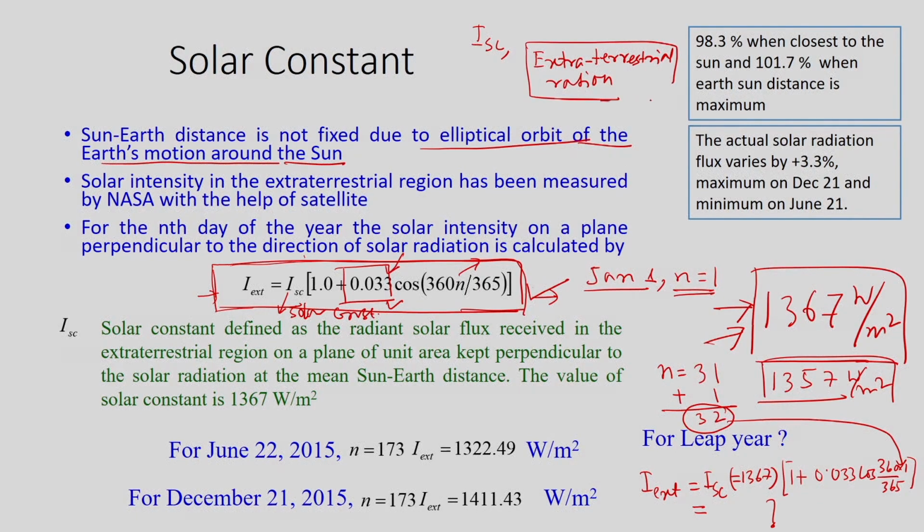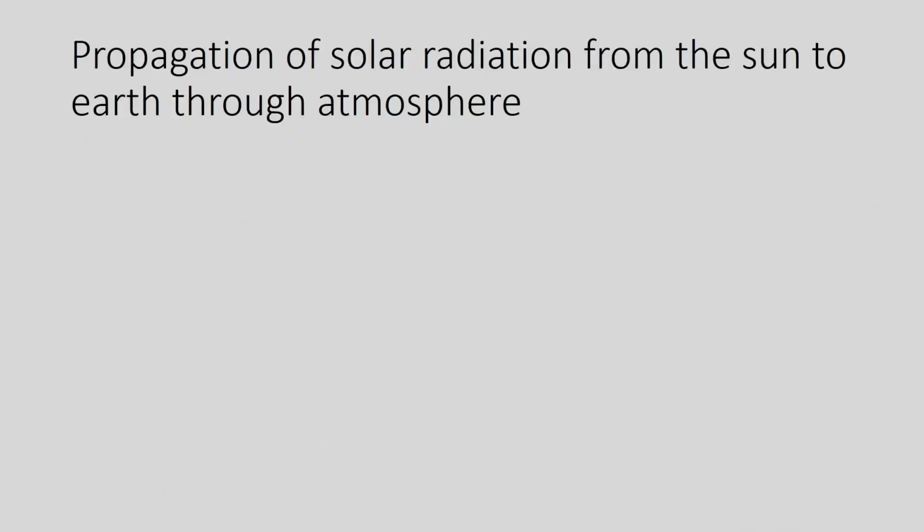So, we have not yet learned what is terrestrial radiation. So, we will learn after 2-3 slides what is terrestrial radiation and what is the difference between extraterrestrial radiation and terrestrial radiation. Okay. So, this I_SC will be required in many of our calculations. Okay. So, let us move to the next slides.